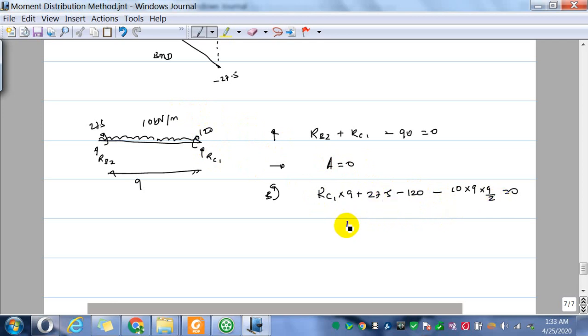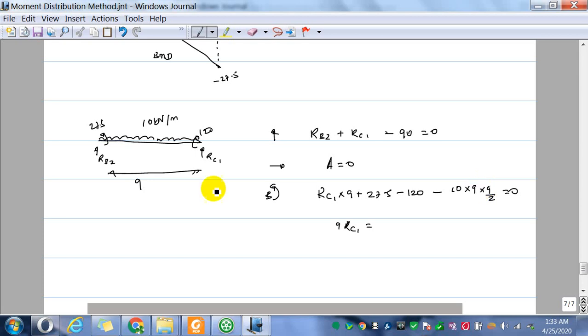So RC1 is equal to, taking this here, 810 divided by 2, that is 405, plus 120 minus 27.5, and that divided by 9.